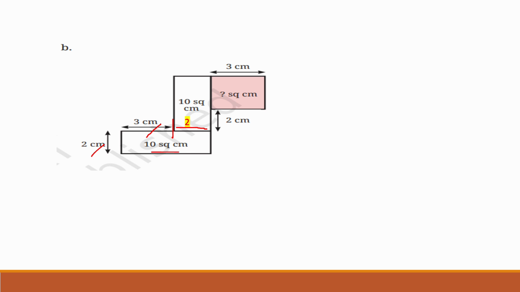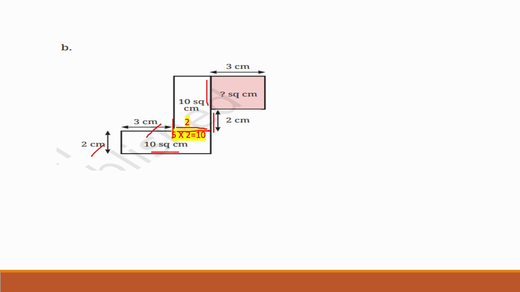Then next one, here it is 10 square centimeter. See, 10 square centimeter means here it is given as 2. So, 2 by 5. Up to here it is 2. So, here it is 3.